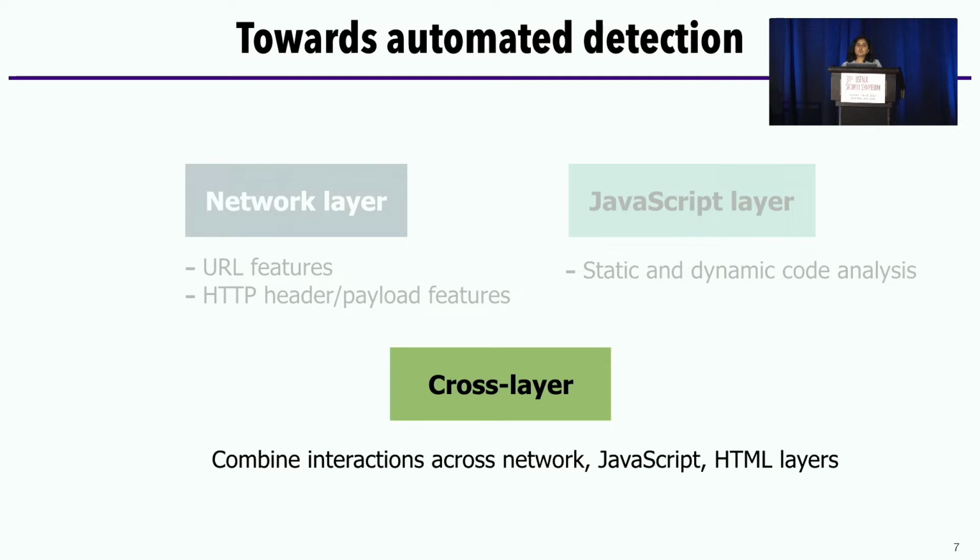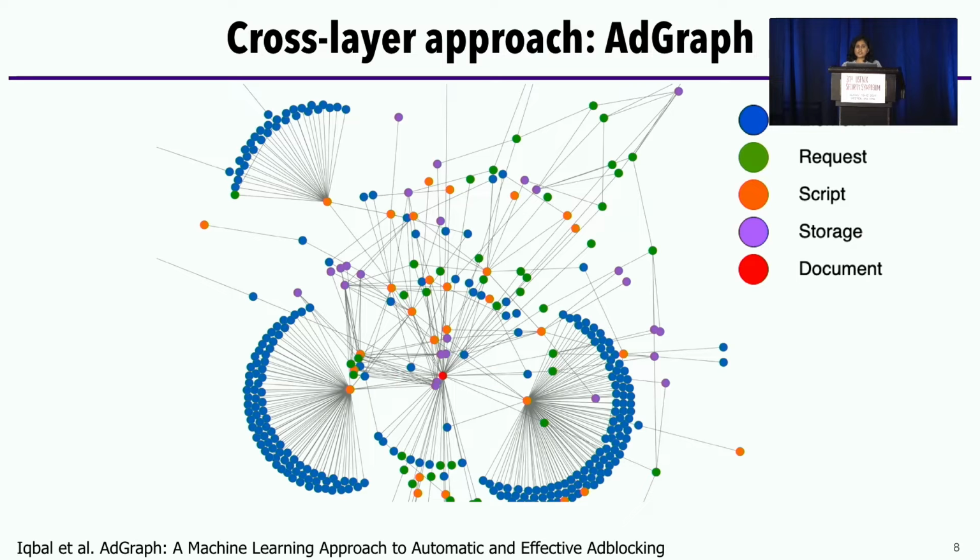But the latest approaches for automated detection argue that ads and trackers actually work across all the layers of the web stack, and so we should be going for a cross-layer approach that combines interactions across all of these layers. So I'm going to talk about the first main cross-layer approach, which was AdGraph, and I'm going to use this as a representative example of all the cross-layer approaches we have today.